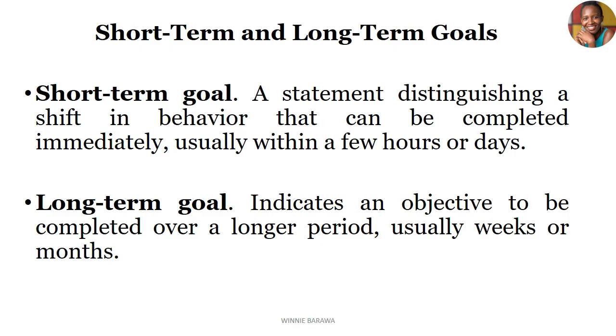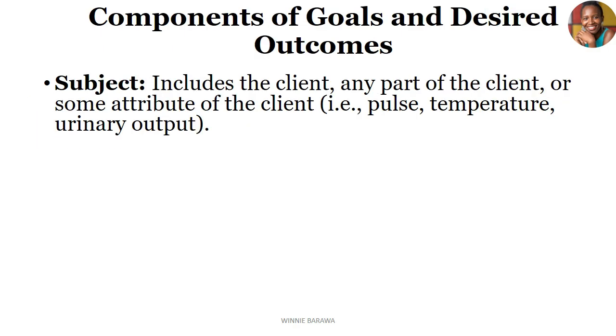So in short, you don't have to be restricted in time when stating the goal of your nursing care plan. Remember, we have said the goal can also be time-bound, so that time is spread out. It doesn't need to be within the 24 hours only.